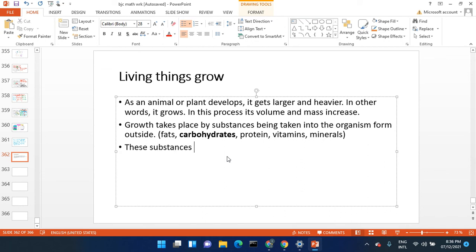Speaking about the things that we take in, these substances are then built up into structures of the body, and they become a part of the organism.